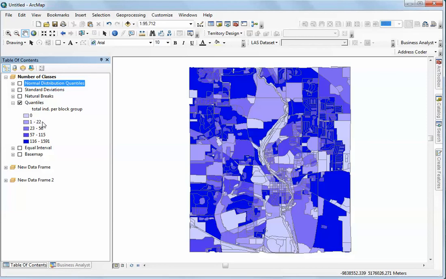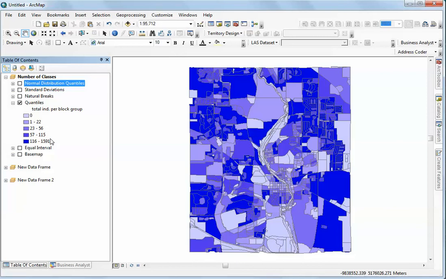The next class has 1 to 22 in it, 23 to 56, 57 to 115, and then 116 to 1591. So if you think about that, in our first 2 classes, we have very little variation in the total population. In the top one, in fact, it has produced our greatest variation thus far in terms of the population range. And so it's really good at seeing what's happening in the middle area.